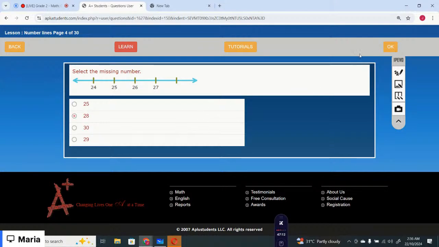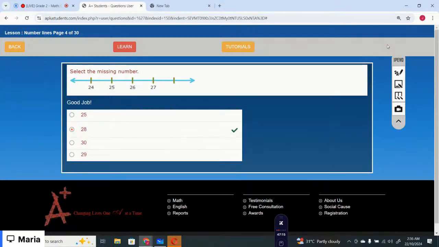So the correct option is option number 2, that is 28.